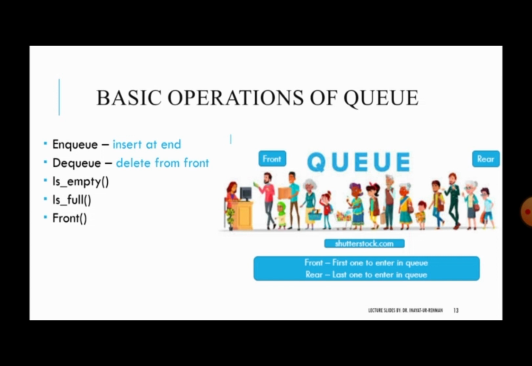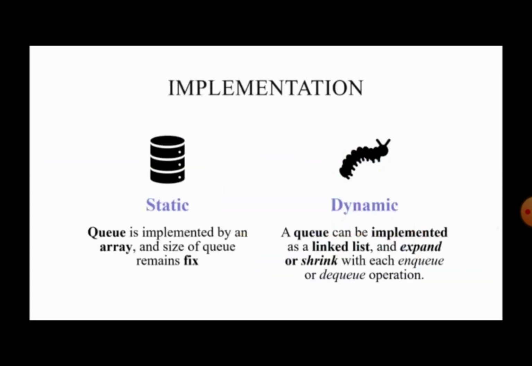And the other operation, which is dequeue, is to delete the element, which will be deleted from the front of the queue. And the supporting methods are isEmpty, isFull, and front method, which returns the front index or front value of the queue as per requirement.